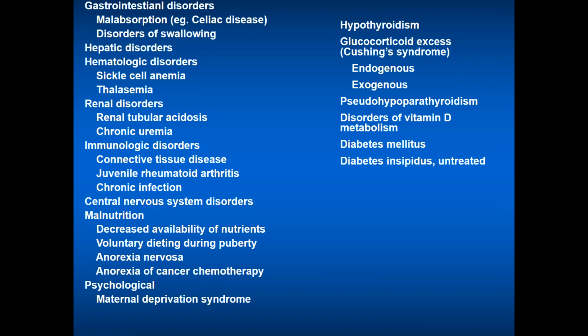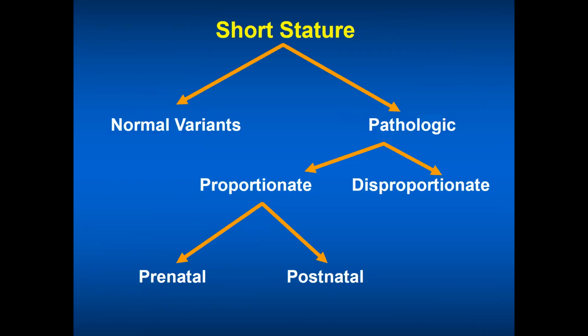There's the hypothyroidism, the glucocorticoid excess, whether it is due to endogenous or exogenous excess of steroids, pseudohypoparathyroidism, disorders of vitamin D metabolism, diabetes mellitus if uncontrolled, and diabetes insipidus if untreated. And so there is a very long list of causes of short stature.